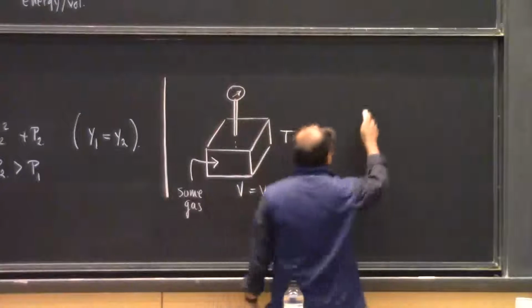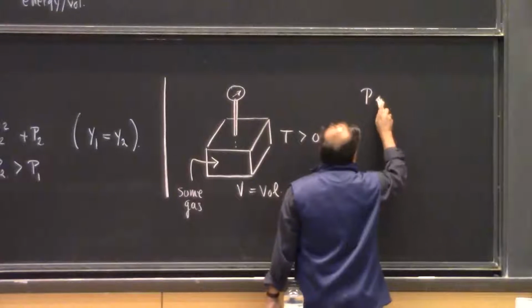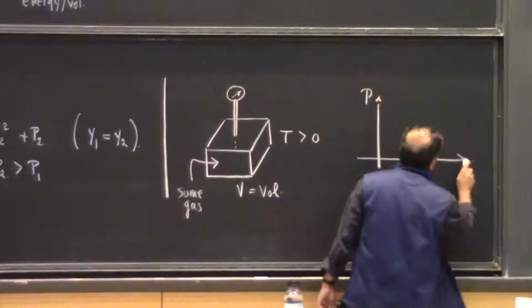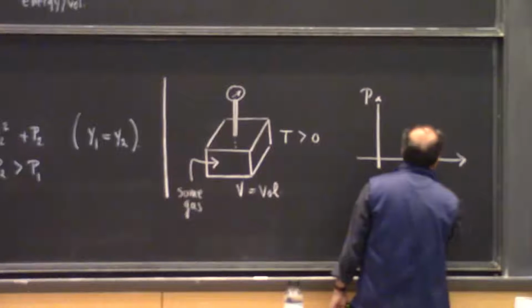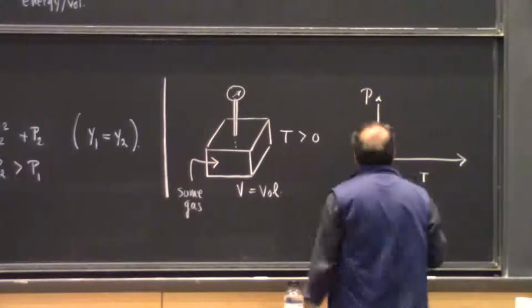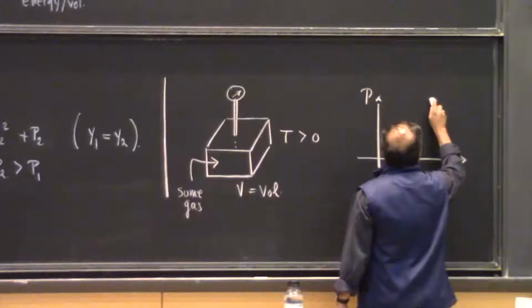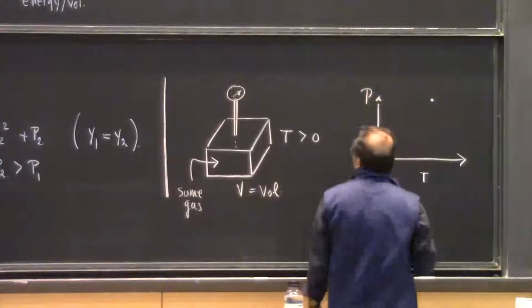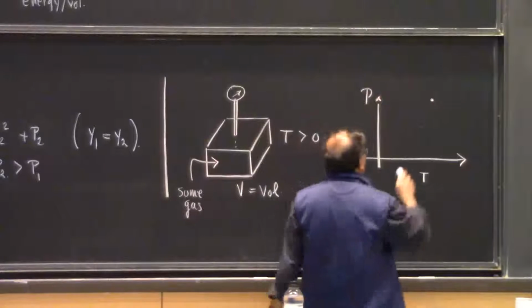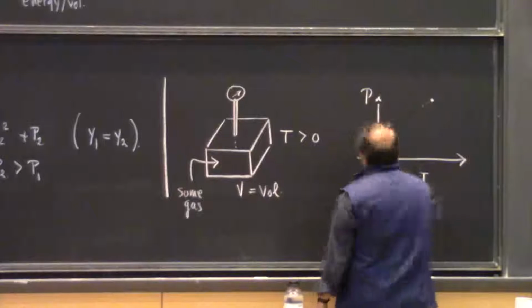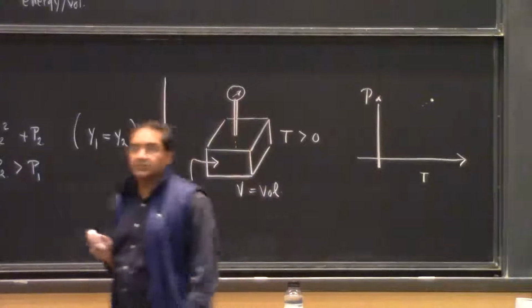Now suppose I ask you that I want to plot how this pressure varies as a function of temperature. So let us say at whatever room temperature this is, the pressure versus temperature data that I have is here, and then I have the idea of lowering the temperature. If I lower the temperature, what do you think will happen to the pressure?